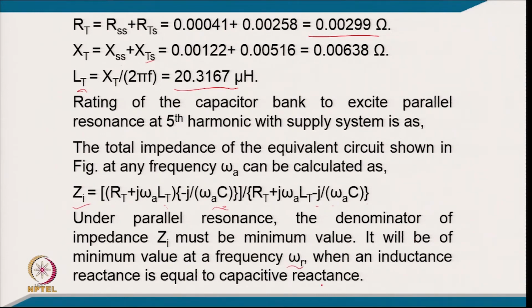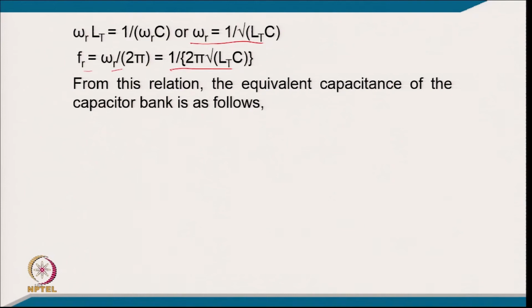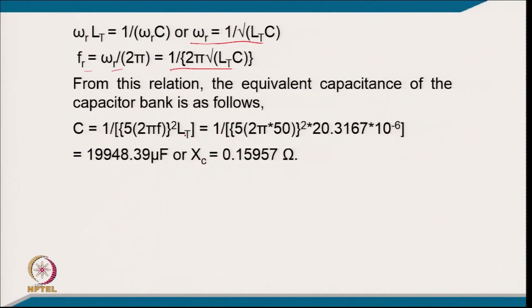So when the inductive reactance and capacitive reactance are equal, you can find omega_r L_T equal to 1 upon omega_r C. So we have the resonance frequency omega_r equal to 1 upon under root L_T C, and f_r equal to omega_r upon 2 pi, that is 1 upon 2 pi into under root L_T C. From this relation the equivalent capacitance of the capacitor bank comes to 19,948.39 microfarad and Xc of it is 0.15957 ohm.